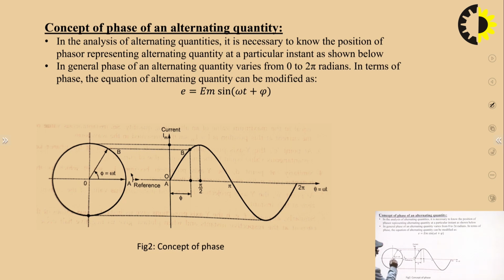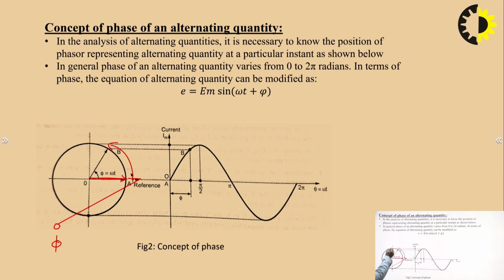Suppose this is our reference axis, and our AC quantity is continuously rotating anti-clockwise. When the phasor is here, the angle from this reference or x-axis is 0. When it moves up to here, the phase angle is pi by 2.